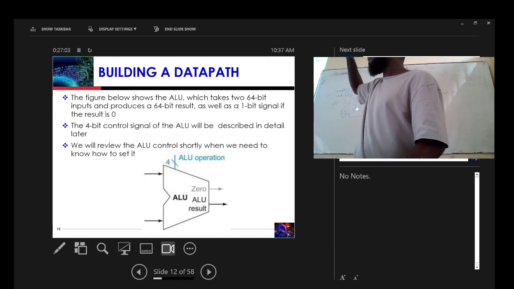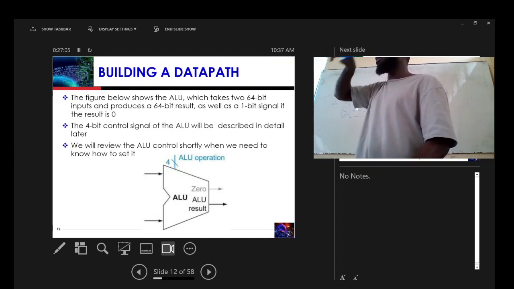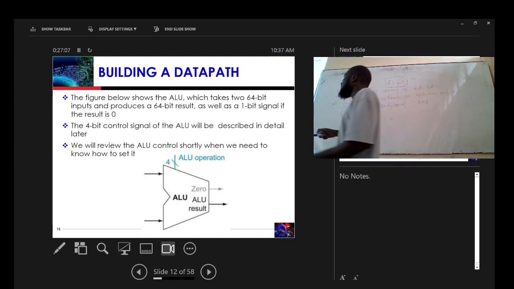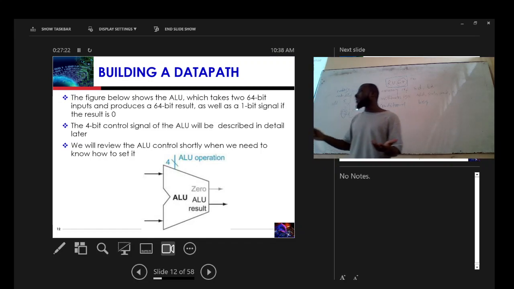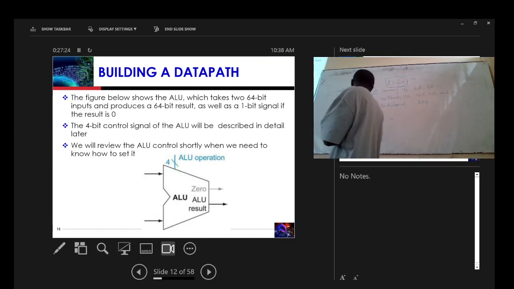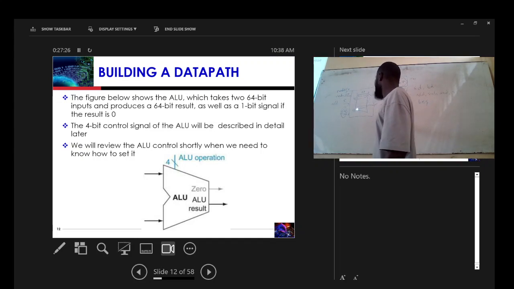You will see why it's 4 bits shortly. What is the width for the inputs? This is 64 bits, 64 bits. What is the output? 64, right? So it performs the 4-bit operation.